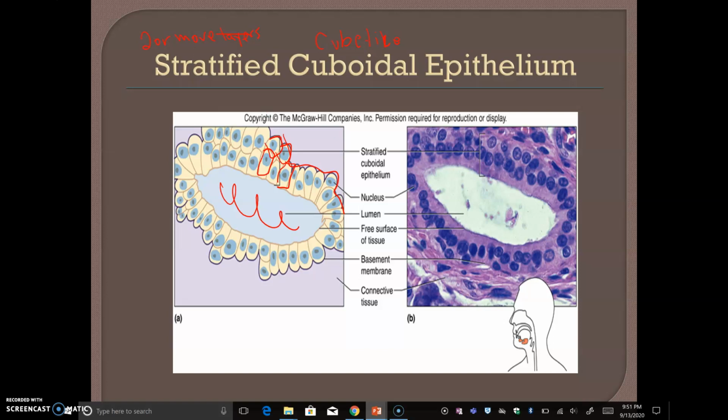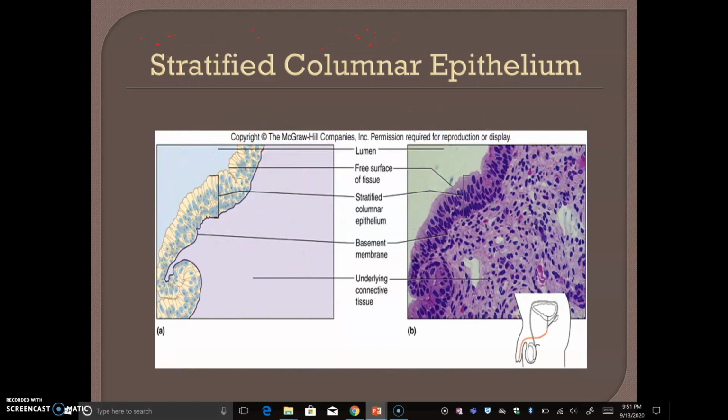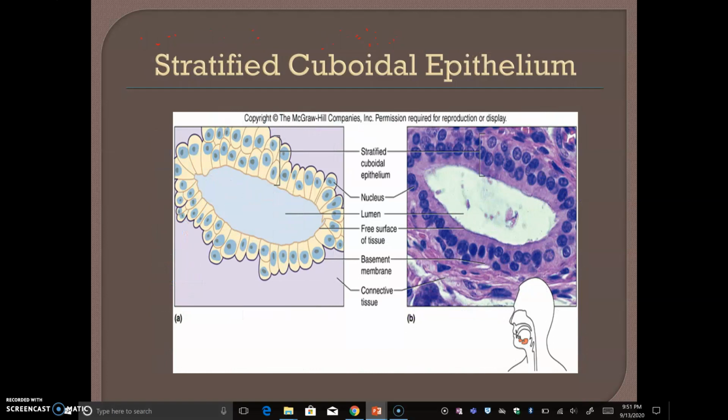So as long as we really learn what the different classifications are, we should be able to predict what these are going to look like. So if we're looking under a microscope here, we can see these nucleus stacked up on top of each other with our free space here.